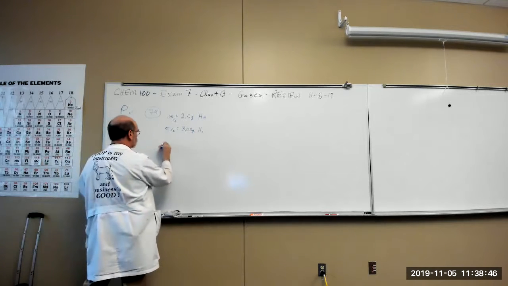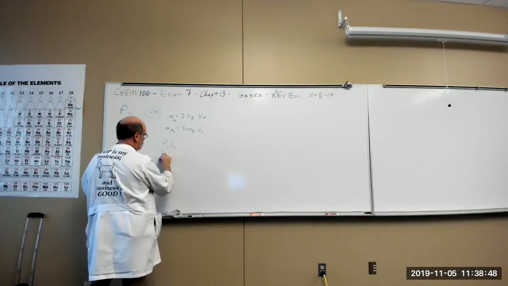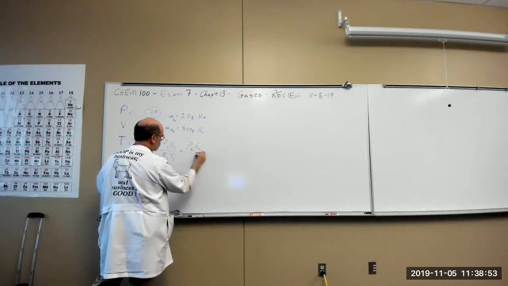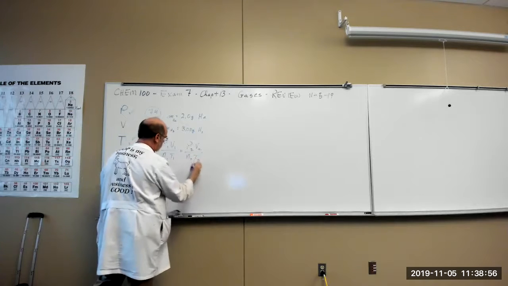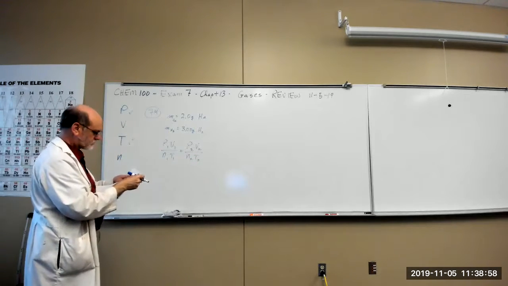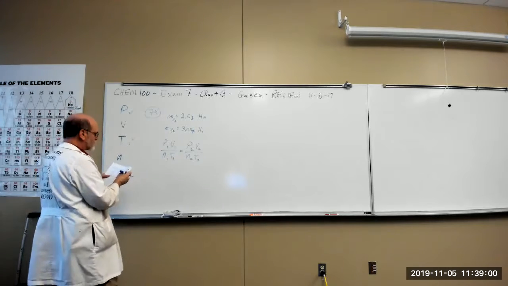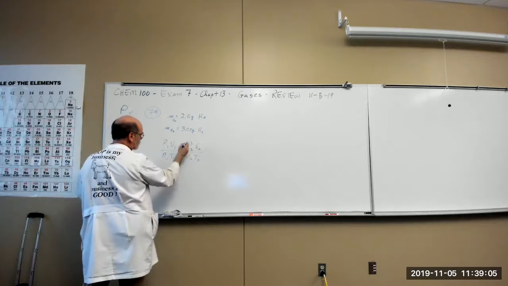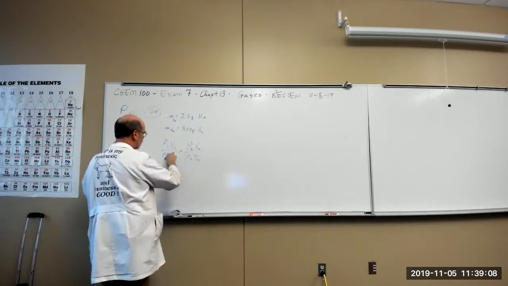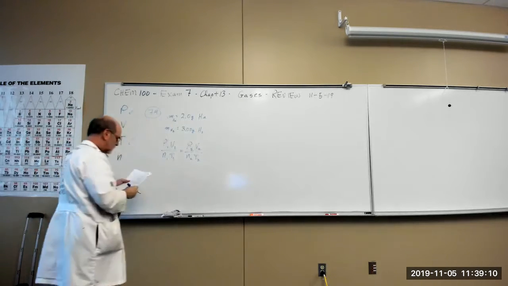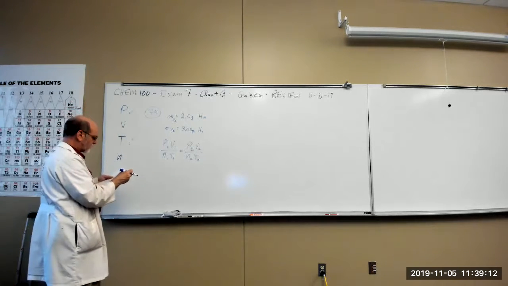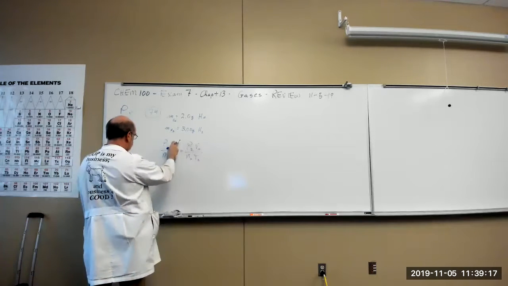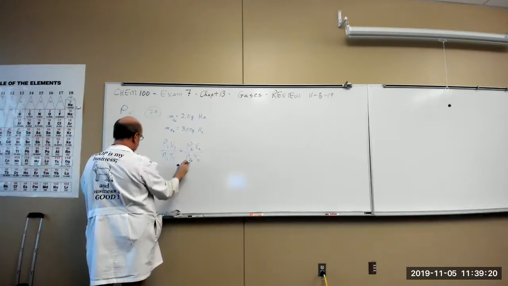So let's start with before equals after. So if temperature and pressure are constant, right, these go out, and that leaves volume divided by moles. Okay, that's good. Volume 1 divided by moles 1 is volume 2 divided by moles 2.